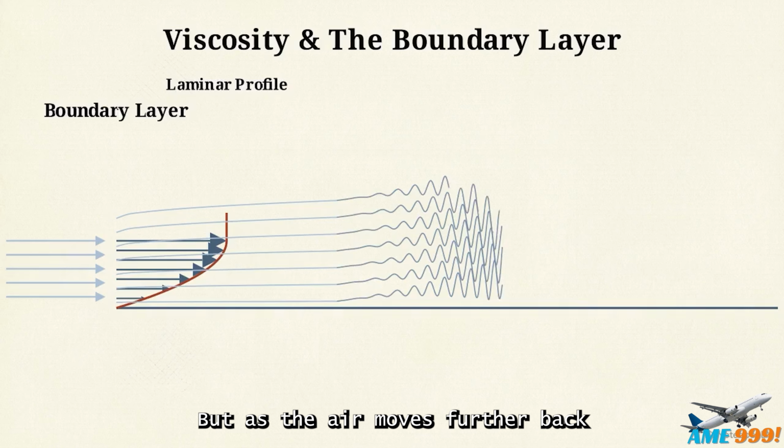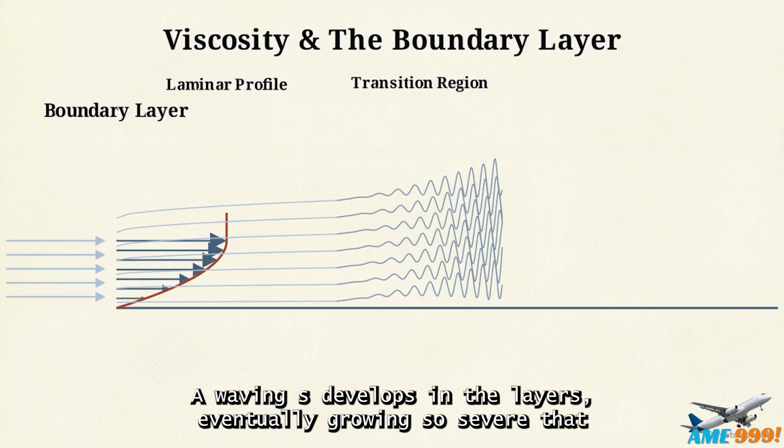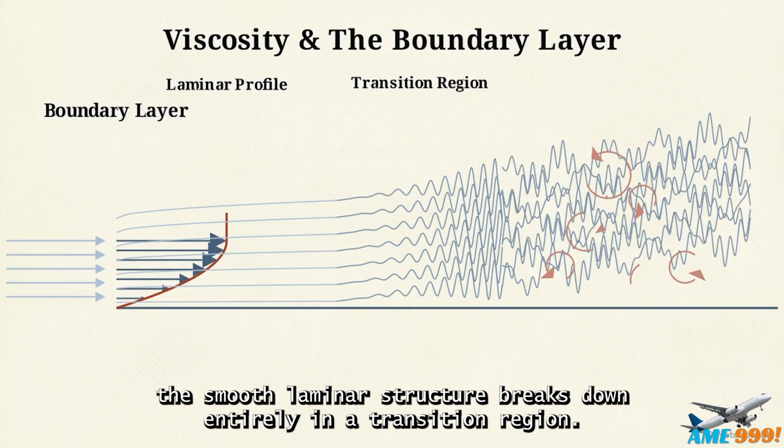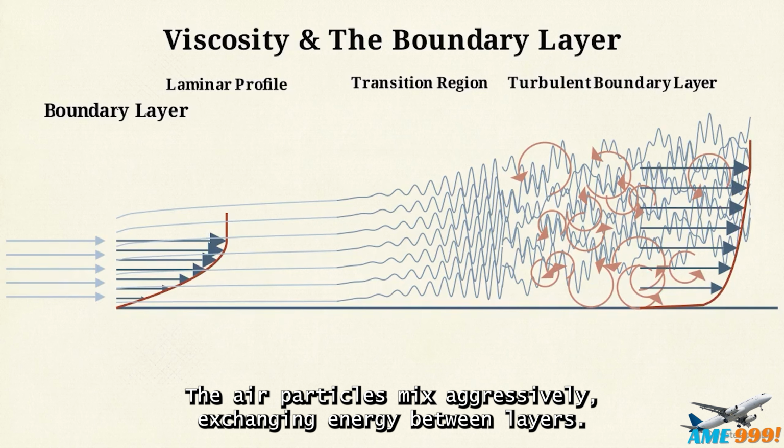But as the air moves further back along the wing, friction forces dissipate the stream's energy. A waviness develops in the layers, eventually growing so severe that the smooth laminar structure breaks down entirely in a transition region. The flow then becomes a turbulent boundary layer. The air particles mix aggressively, exchanging energy between layers.